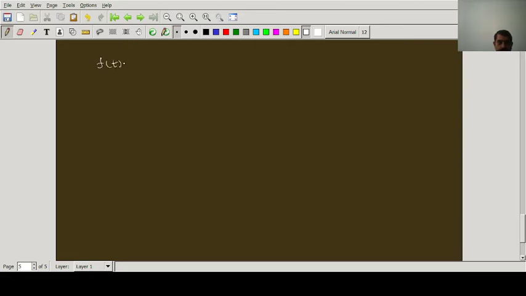Example: f of t is cos t in the interval 0 less than t less than pi, 1 in the interval pi less than t less than or equal to 2 pi, and sin t for t greater than 2 pi. So we must apply the unit step function.